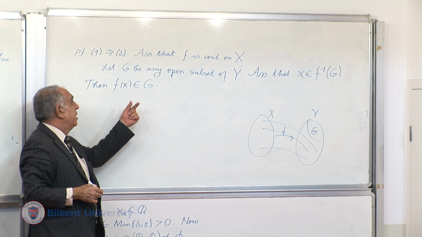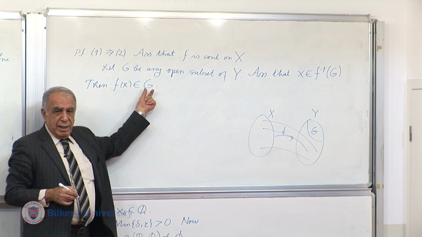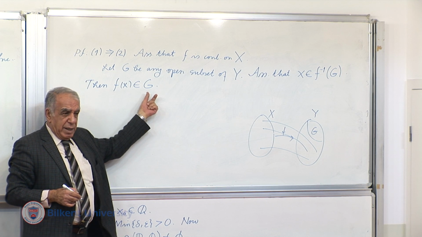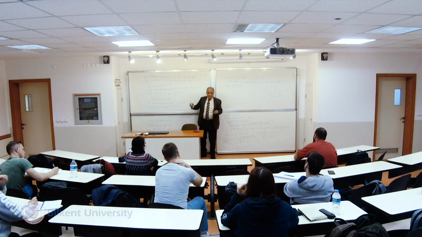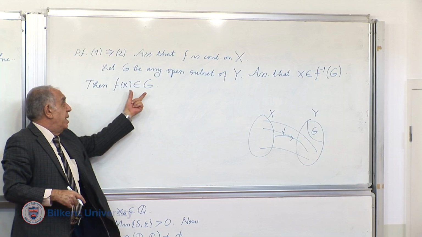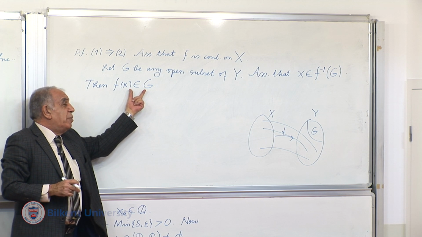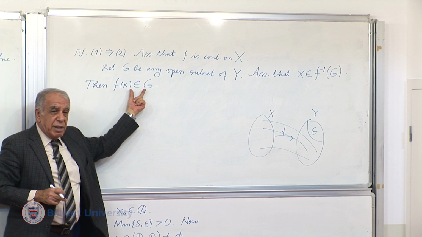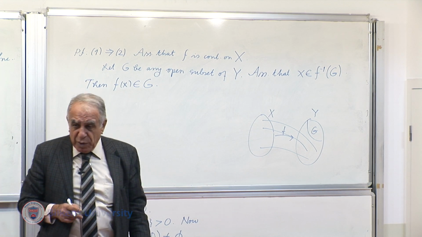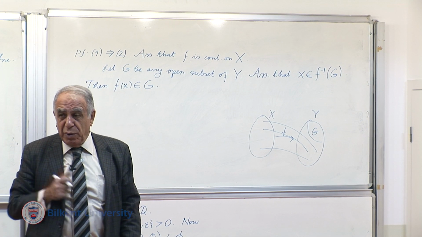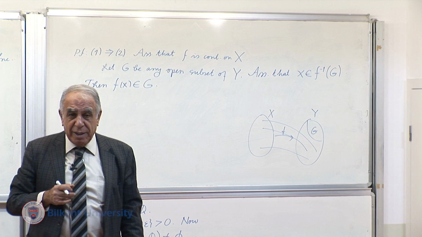But this is an open set, and this is a point in there. And what we can use is continuity. Well, to observe what relationship between f of x and G will be useful if we wish to use continuity somehow.